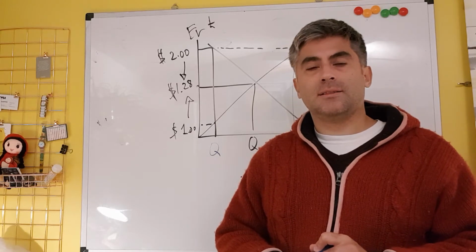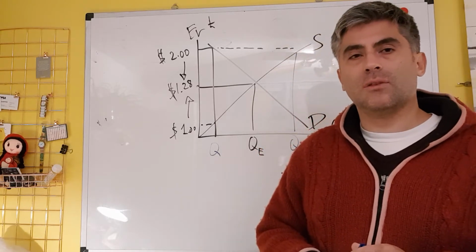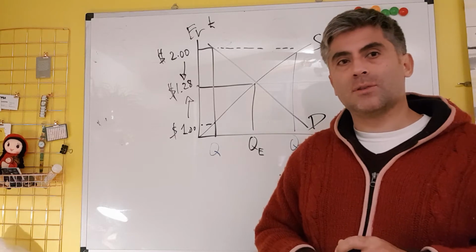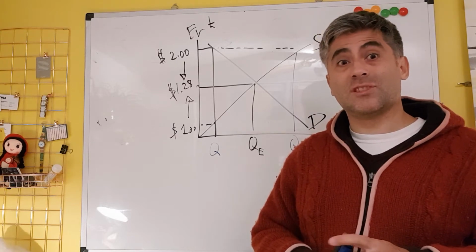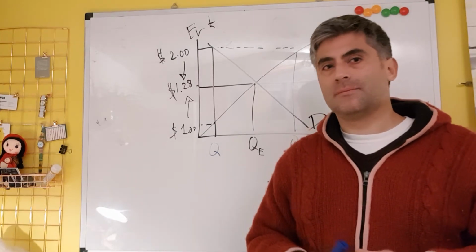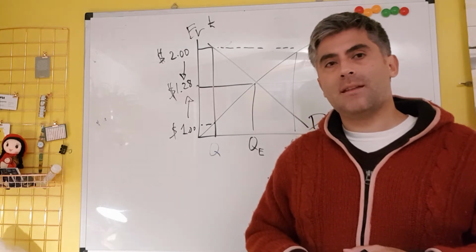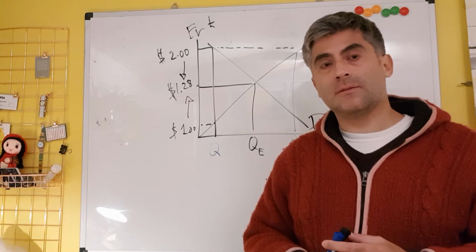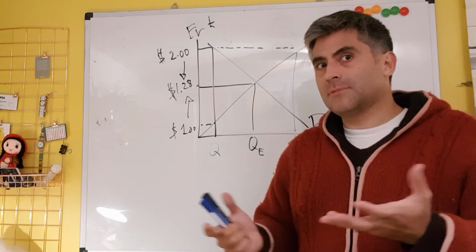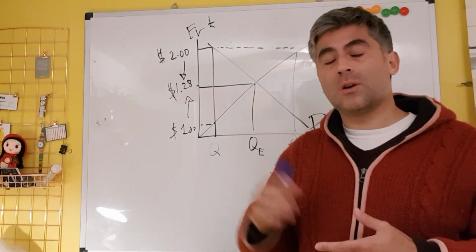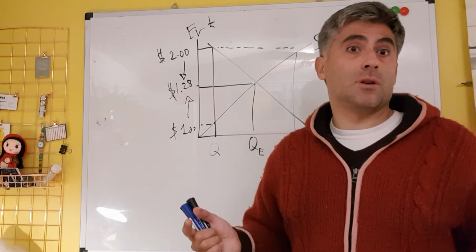We have to bear in mind what we are exporting and what we are importing, because if it's something which is elastic, PED of 1 or more, then it is something which is competitive. And if we're exporting something elastic and our price is too high, then other countries will buy it from somewhere else.